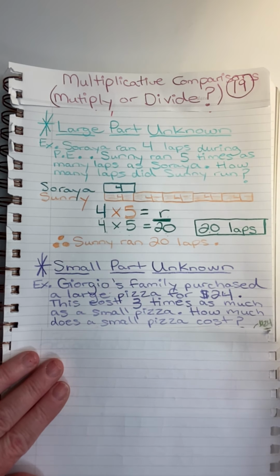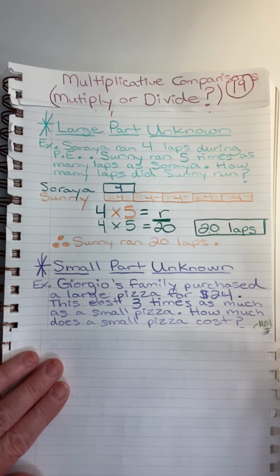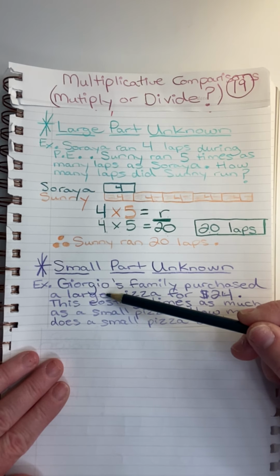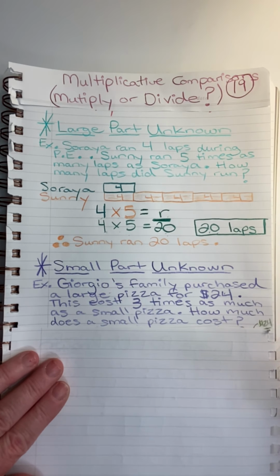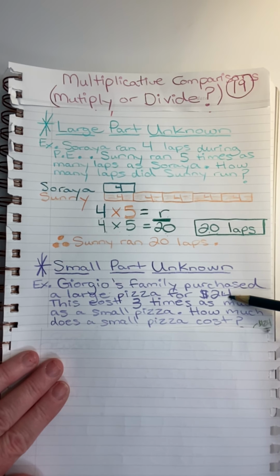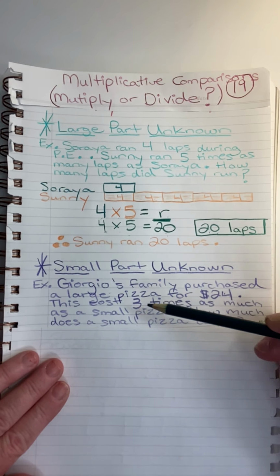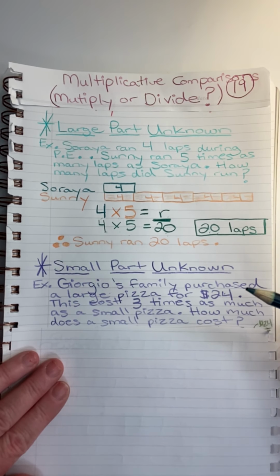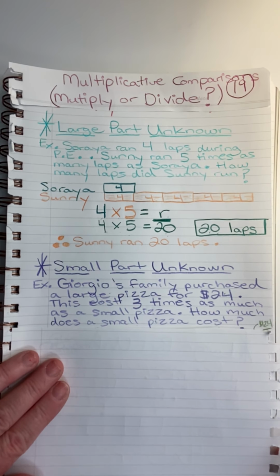Any of us who've ever bought anything know that the smaller size is almost always much less than the larger size. So we have our large part as our known quantity, $24. We know that this was 3 times as much as what a small pizza would be. So our small part is unknown.